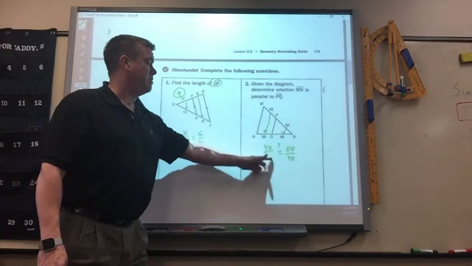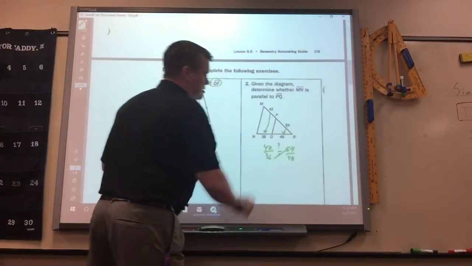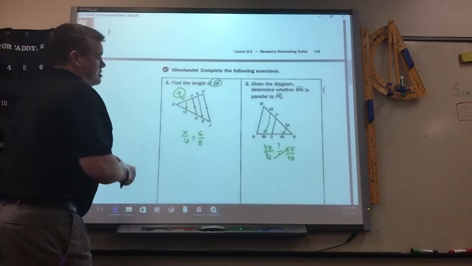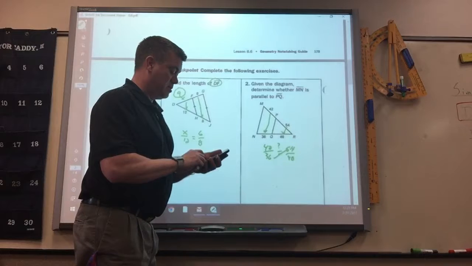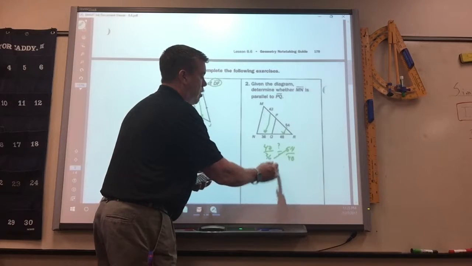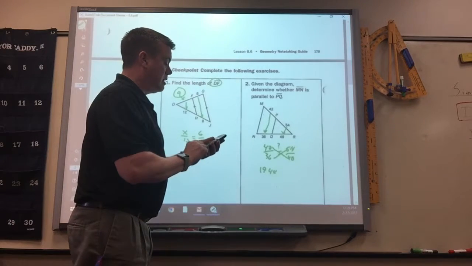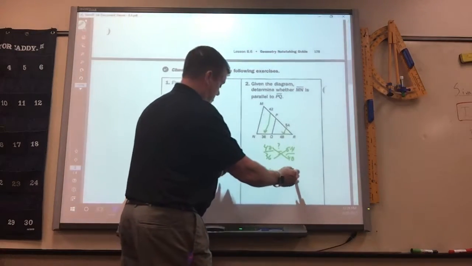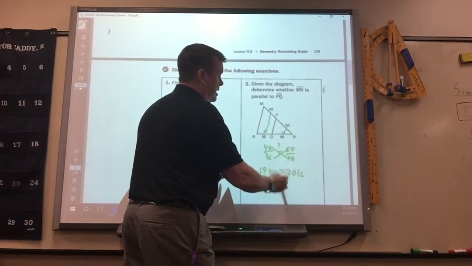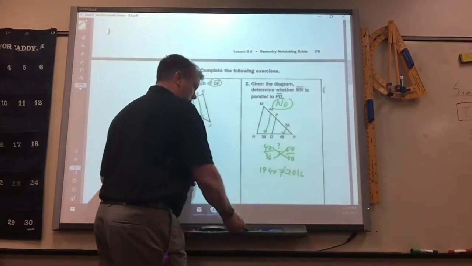You can either divide them and see if they get the same decimal, or you can do the cross products. 36 times 54 is 1944. 42 times 48 is not. So they're not equal, so the answer is no. They're not parallel because these aren't proportional.